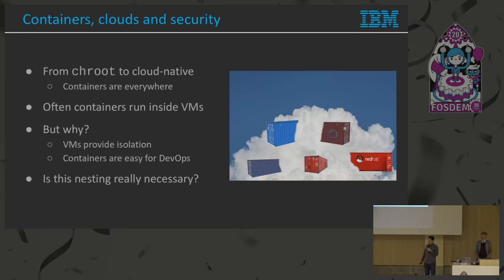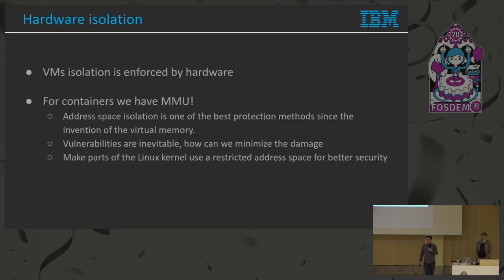One of the claims for using virtual machines to run container installations is that containers are less secure than virtual machines. Proponents of this claim usually say, come on, virtual machines have hardware that ensures their security. But like we all know, with Meltdown, L1TF, and everything, hardware is probably not as good at ensuring security for anything. Particularly with L1TF, VMs are much more vulnerable than containers or simple processes.